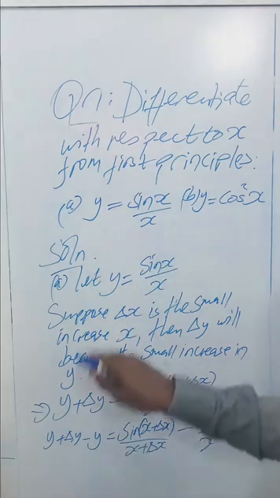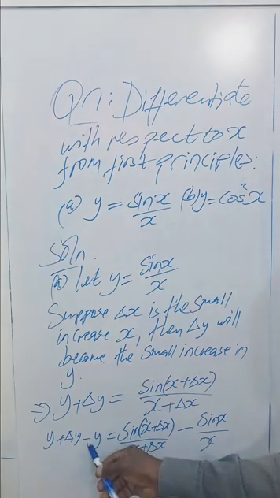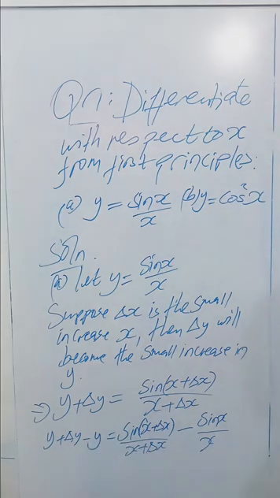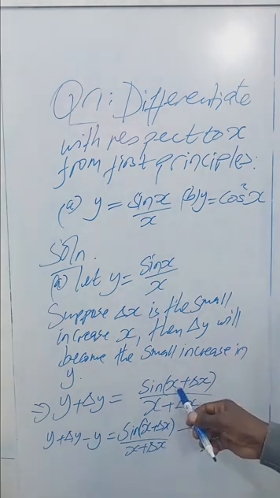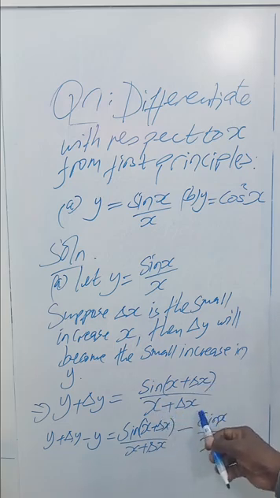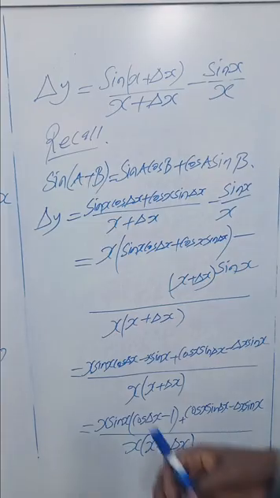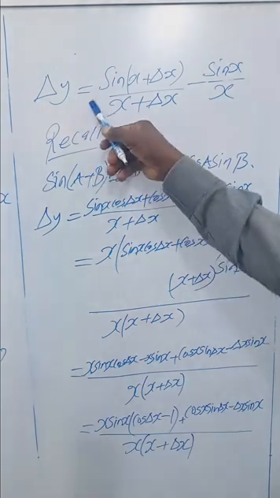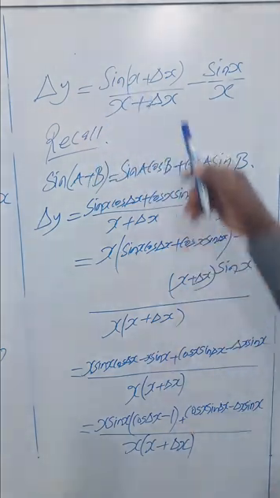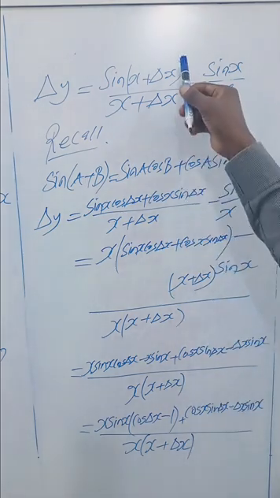So take equation 1 from that, we shall have y plus delta y minus y equal to sine (x plus delta x) over (x plus delta x) minus sine x divided by x. Okay, so we get delta y equal to sine (x plus delta x) over (x plus delta x) minus sine x over x.